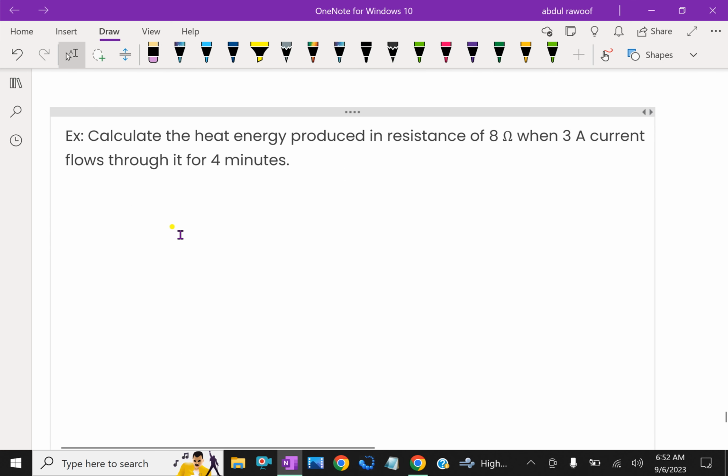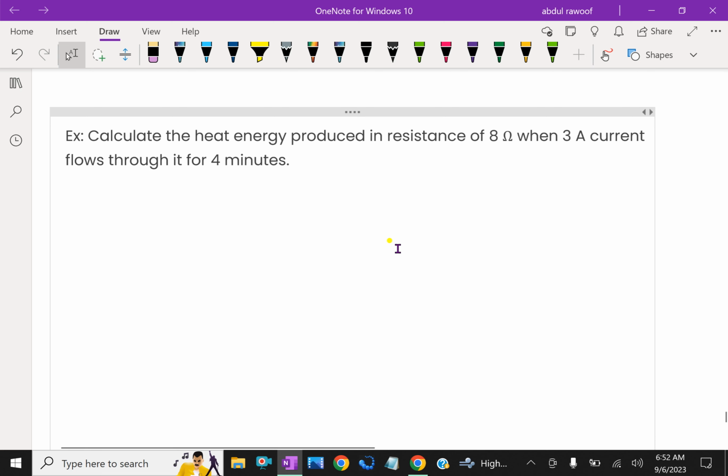Now let us do an example problem. Calculate the heat energy produced in a resistance of 8 ohm when 3 ampere current flows through it for 4 minutes.